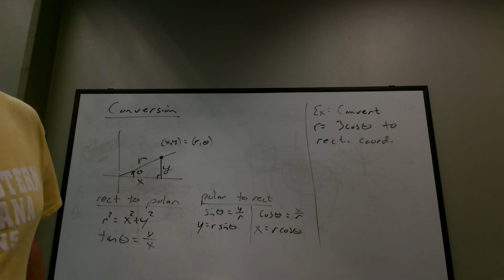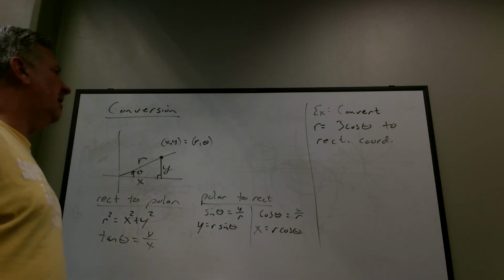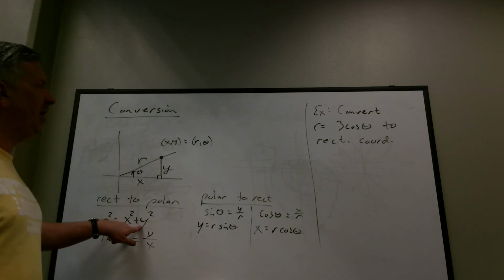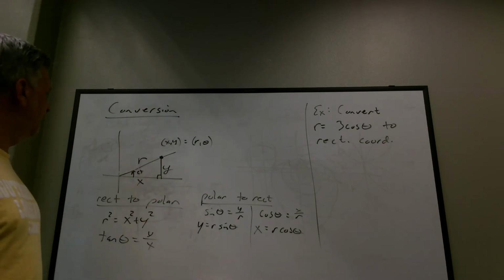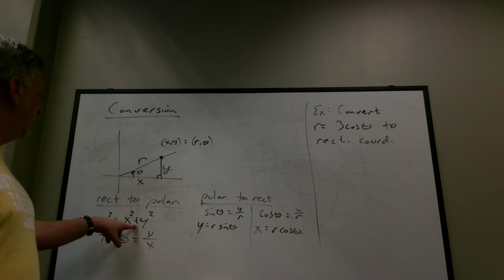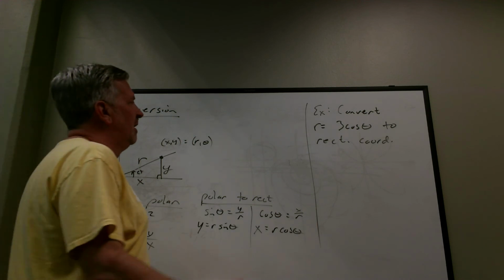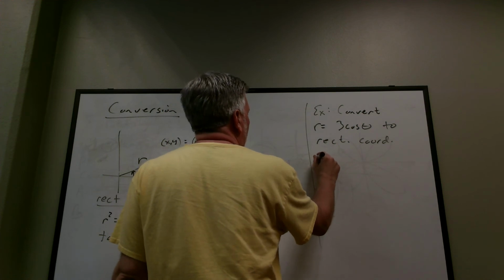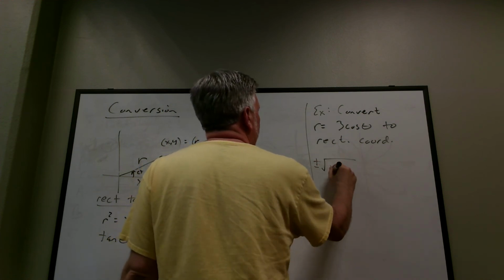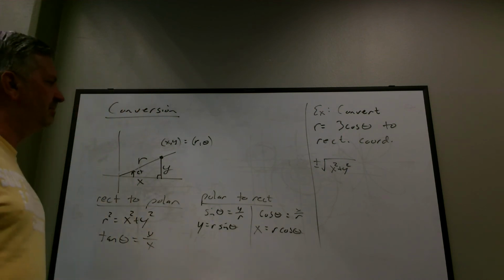Well, from what we just did, notice r squared is x squared plus y squared. So how do we get rid of the r? Well, r is the square root of that. In fact, it's plus or minus the square root. So the r here is plus or minus the square root of x squared plus y squared. So that's no problem.